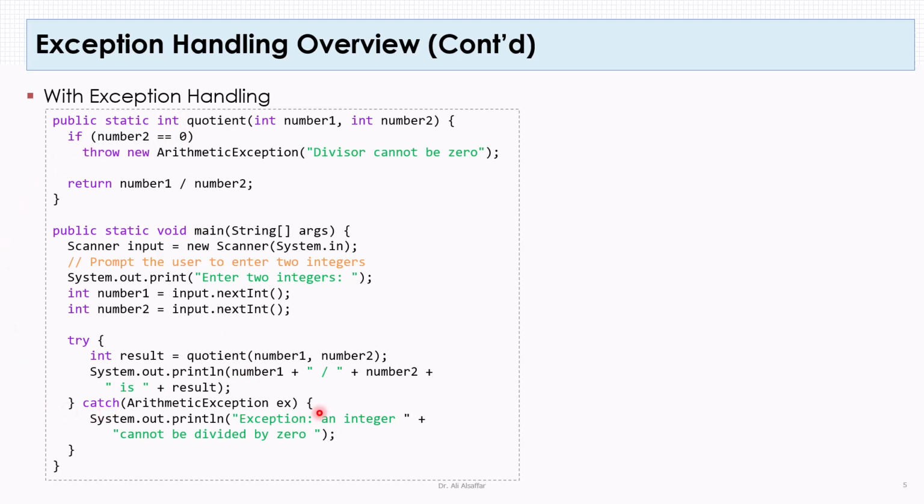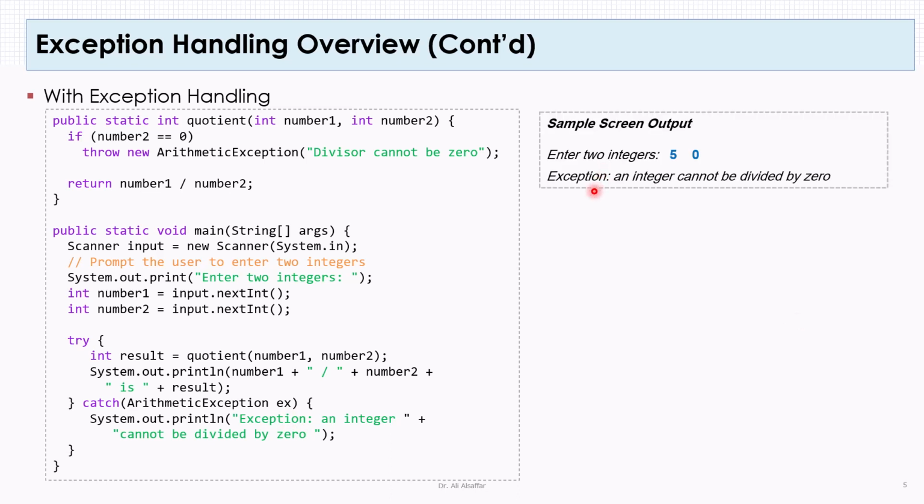Inside the catch statement, it will receive the object for the exception created in the quotient method as an input parameter by the name EX. But inside the catch, we are not using the object that was created in the quotient method. We are just simply printing a message saying that an exception has occurred, that an integer cannot be divided by 0. So here is a sample input output.